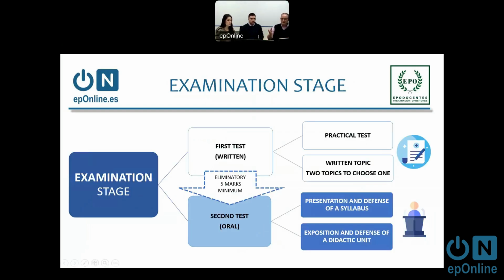So the first part, you all know this, but it's a reminder: there is a written test, composed of a practical case and then a written topic. The practical case in most communities includes a learning situation, which is a case study. They present you a situation in class that you have to solve, and you have to demonstrate the knowledge you need for that.